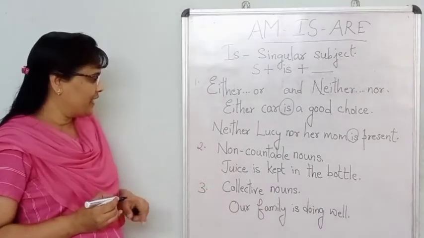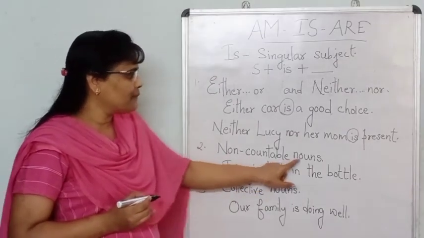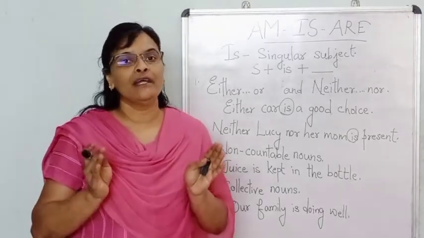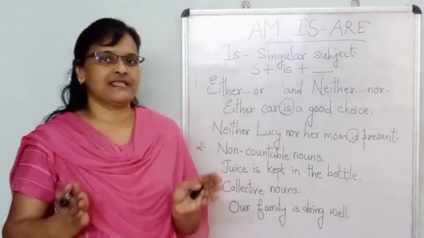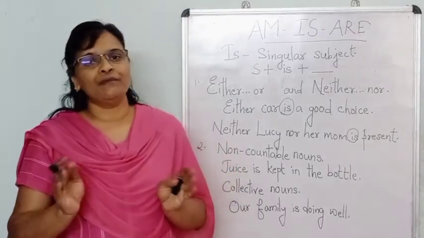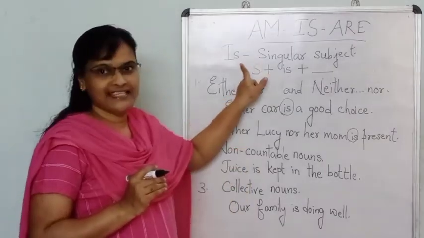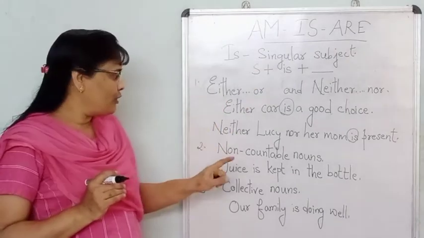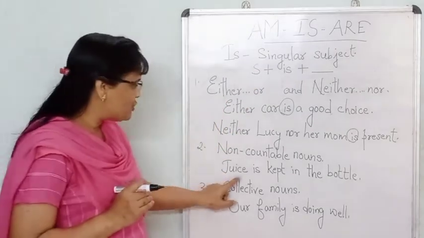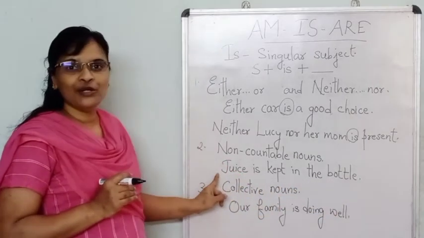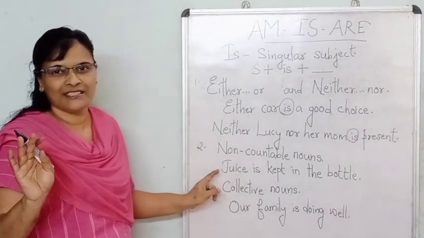And the second one is non-countable nouns. Whenever we talk about non-countable nouns, that means the nouns which we cannot count, then we have to use is. Now look at our example. Juice is kept in the bottle. Can we count juice? No, we cannot, right?